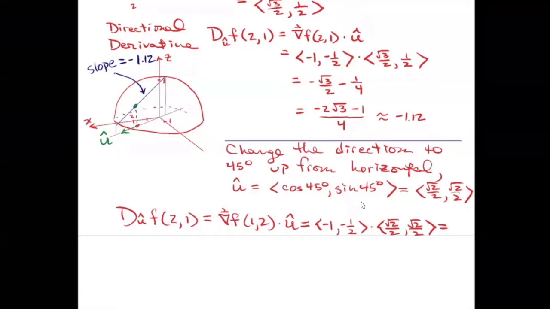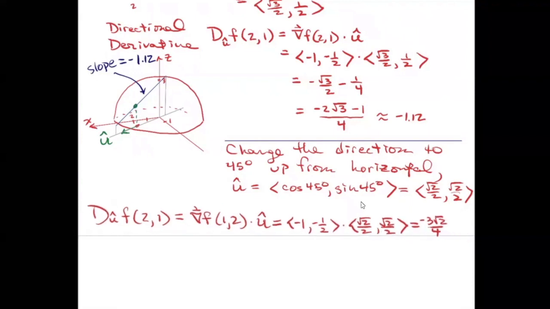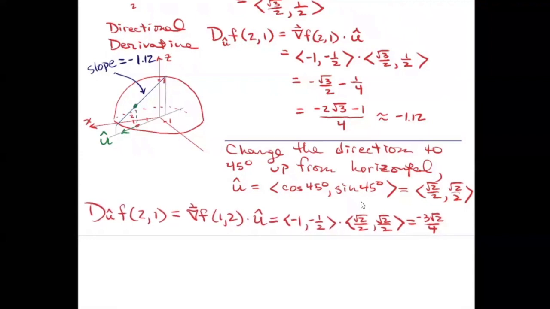So I think it's negative 3 root 2 over 4, I hope. And so that's a different value. That's a steepness of negative 1.06. So it's similar in steepness, but it's different.